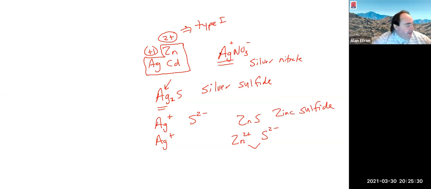Really, the whole purpose behind all kinds of naming that you do in chemistry is essentially just to tell people what we're dealing with when we see a formula. When we have something that has a fixed charge, it's a known property: if I have silver, that's going to be +1, or if I have sodium, it's going to be +1 always.